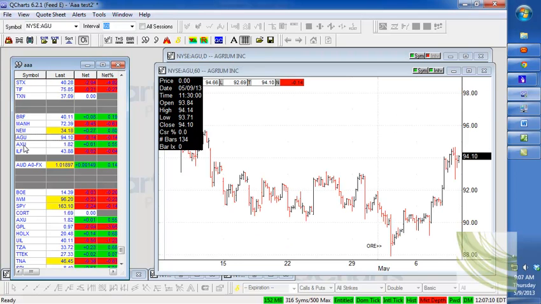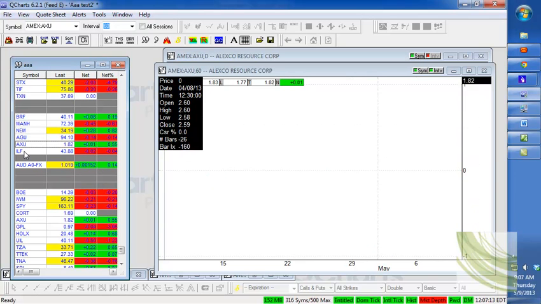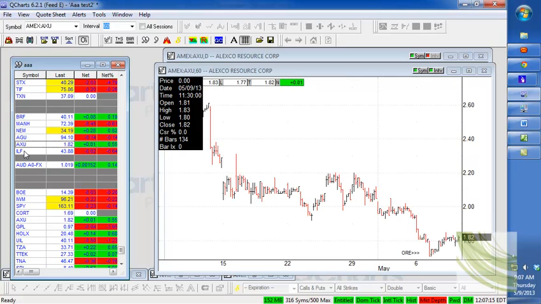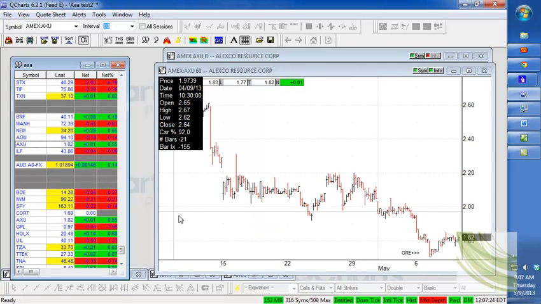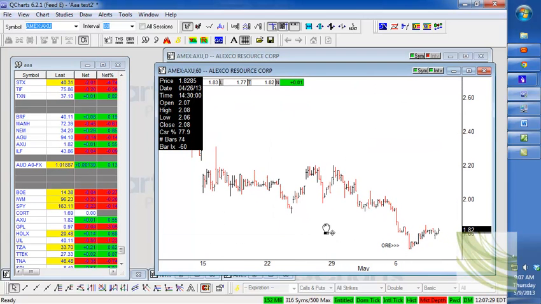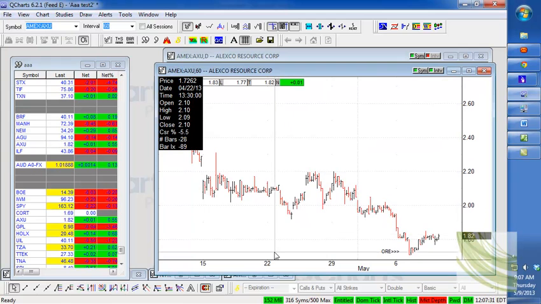AGU is one. These are just stocks, and this is one that I wound up buying today, and I'll show you why I got in today. And then ILF. Okay, this is a 60-minute chart, so this is kind of a neat example. One of the things that you'll find is prices will come to an OR point, and in some cases they'll keep on going, and in cases like this one here, they did a nice little reversal.